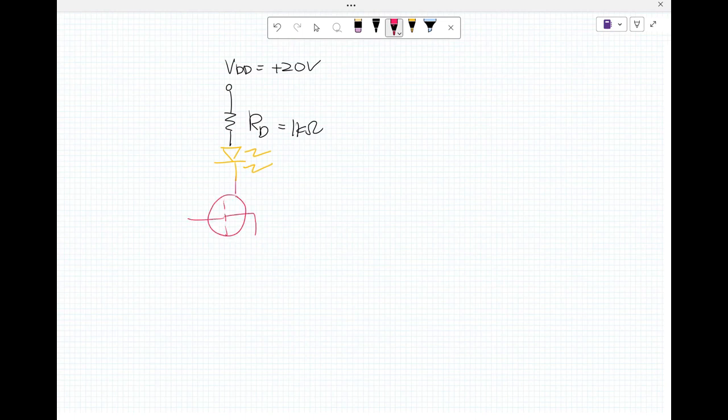3, right? This is also 2N7000. That was like this one, okay? 0 volt, 0 volt.